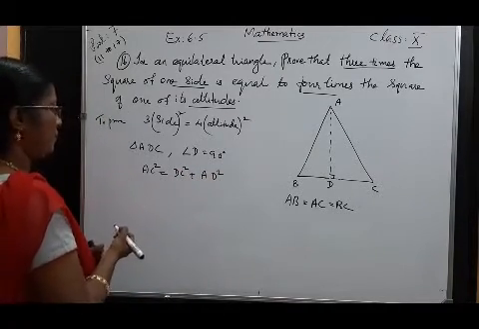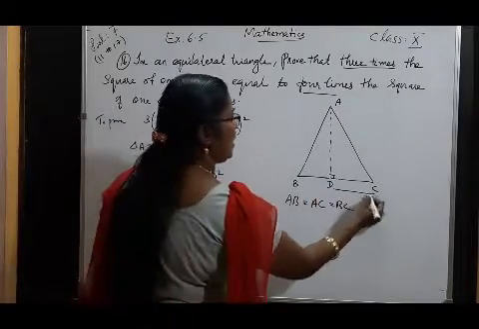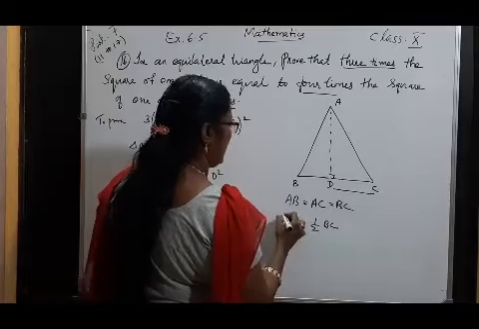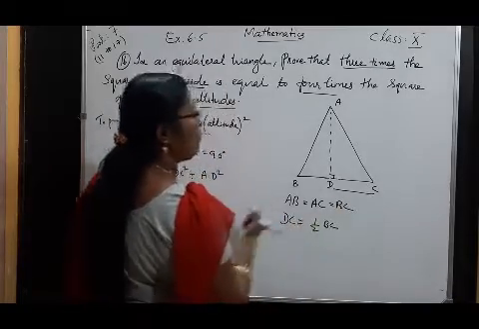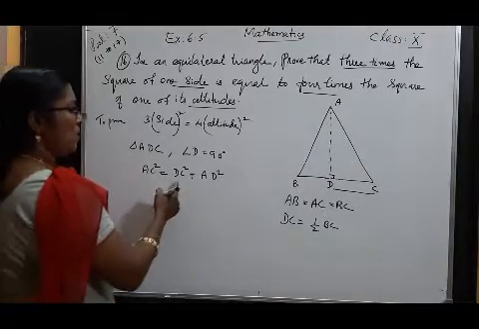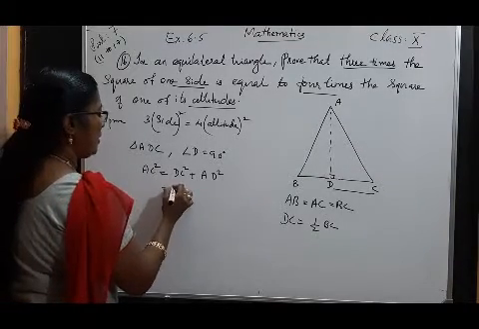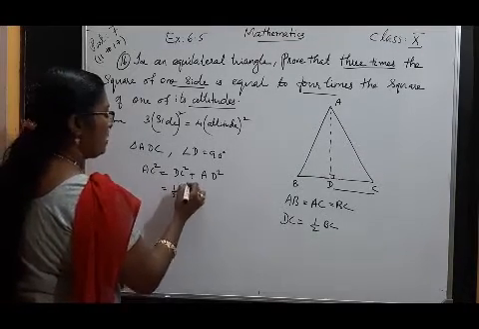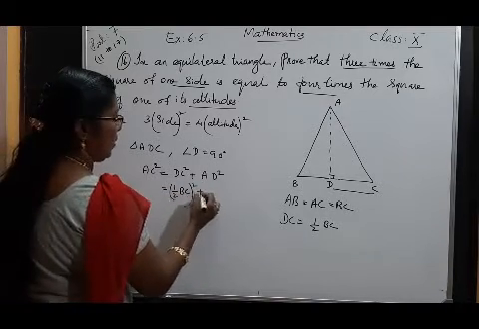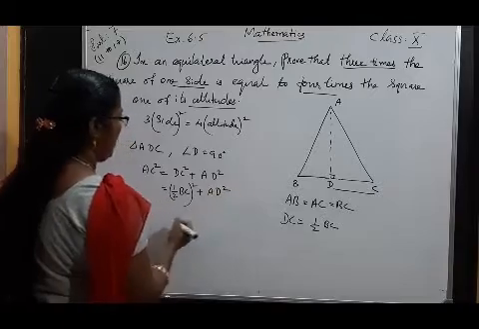Then what is DC? DC is half of BC, because D is the midpoint of BC. So instead of DC, you can write half of BC, the whole square, plus AD square.